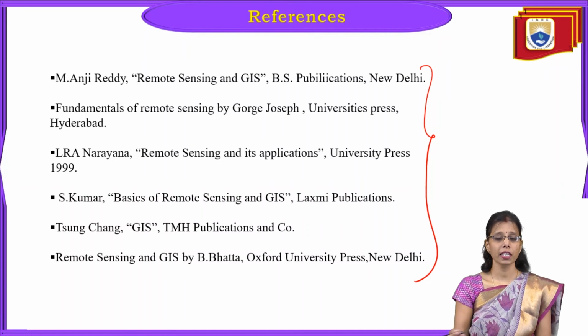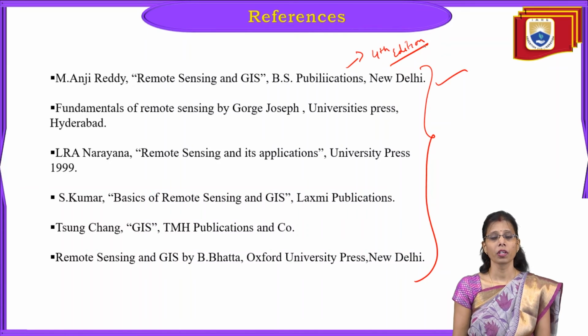In the previous lectures we have already discussed that for remote sensing and GIS, a very good book is Anji Reddy, Remote Sensing and GIS by BS Publications. When you find the fourth edition of this book, you will find more content and more case studies on this kind of topic. You can go through this book, and we have Fundamentals of Remote Sensing by George Joseph.